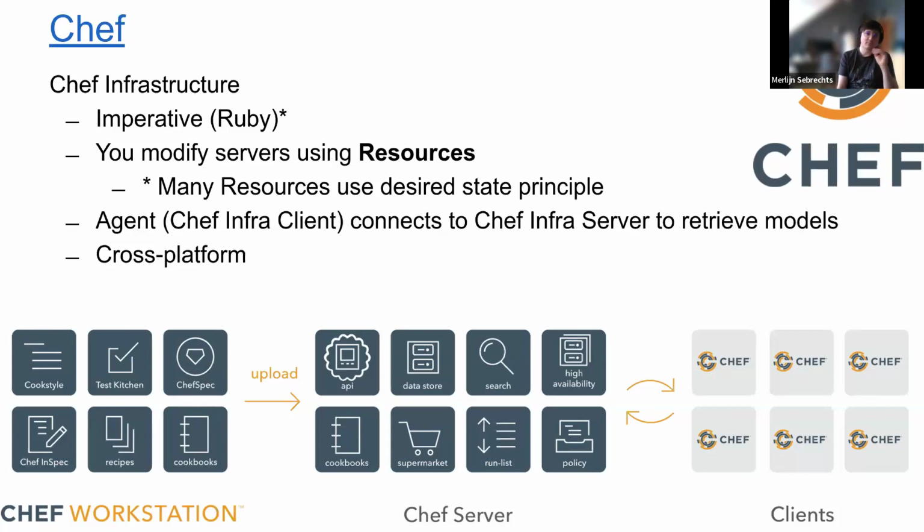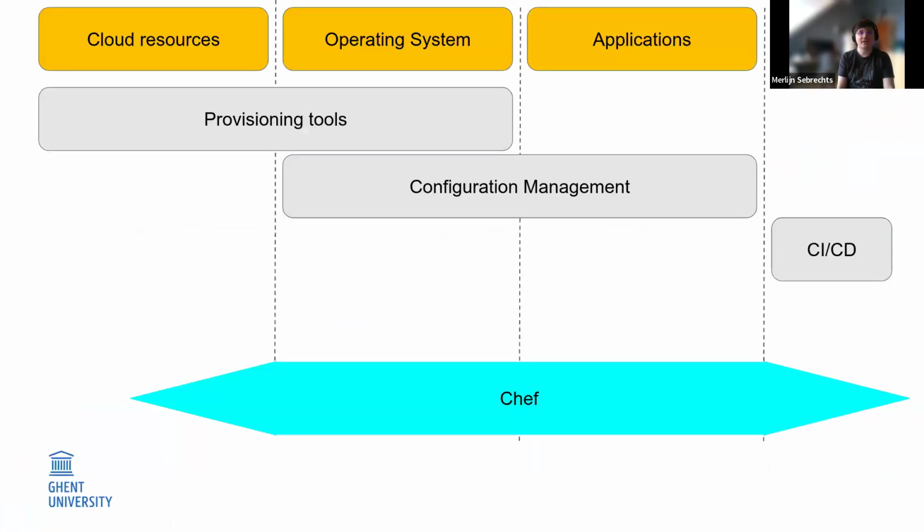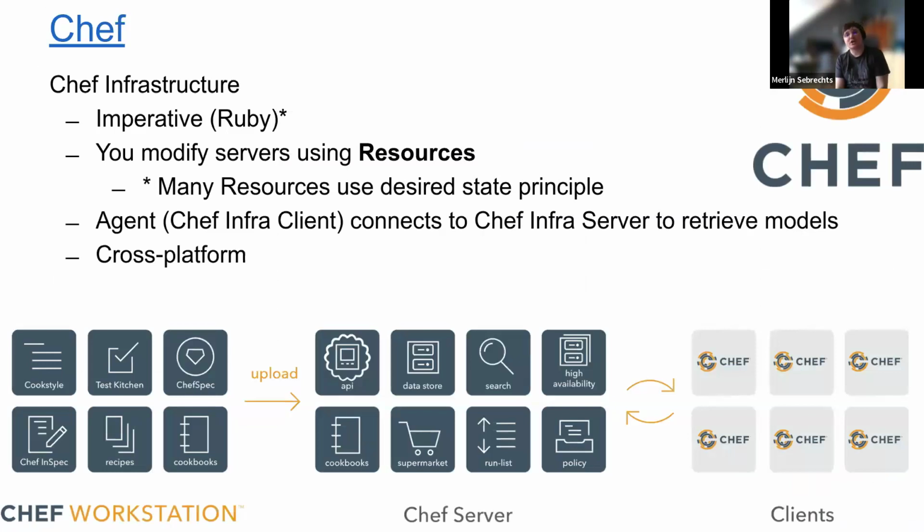Chef is a product that is much more focused on enterprise, and so it has a very, very large ecosystem. Chef has a very large ecosystem of enterprise products to integrate with enterprise workflows and authentication mechanisms and single sign-on servers and things like that.